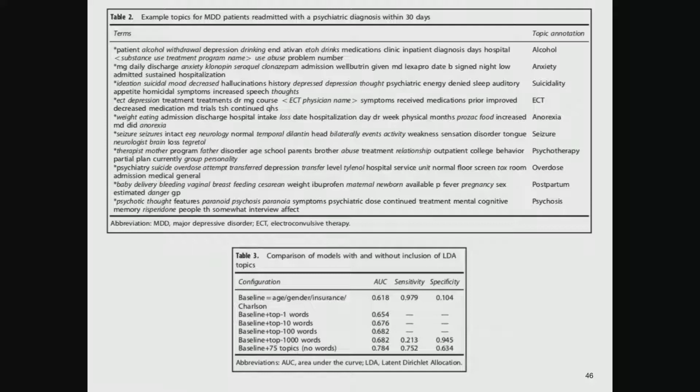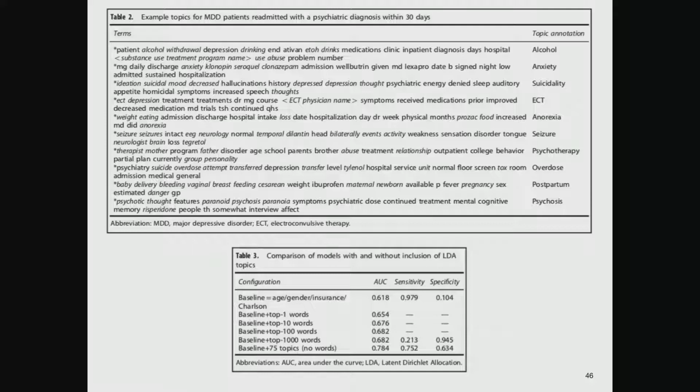And if you look at the first one, it says patient, alcohol, withdrawal, depression, drinking, and Ativan, ETOH, drinks, medications, clinic, inpatient, diagnosis, days, hospital, substance use treatment program name, that's a de-identified, use, abuse, problem, number.